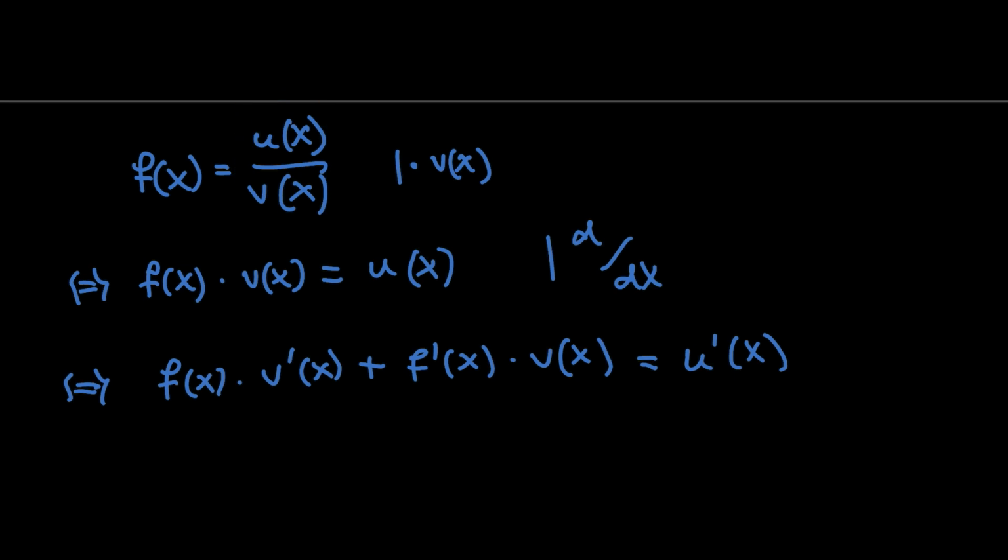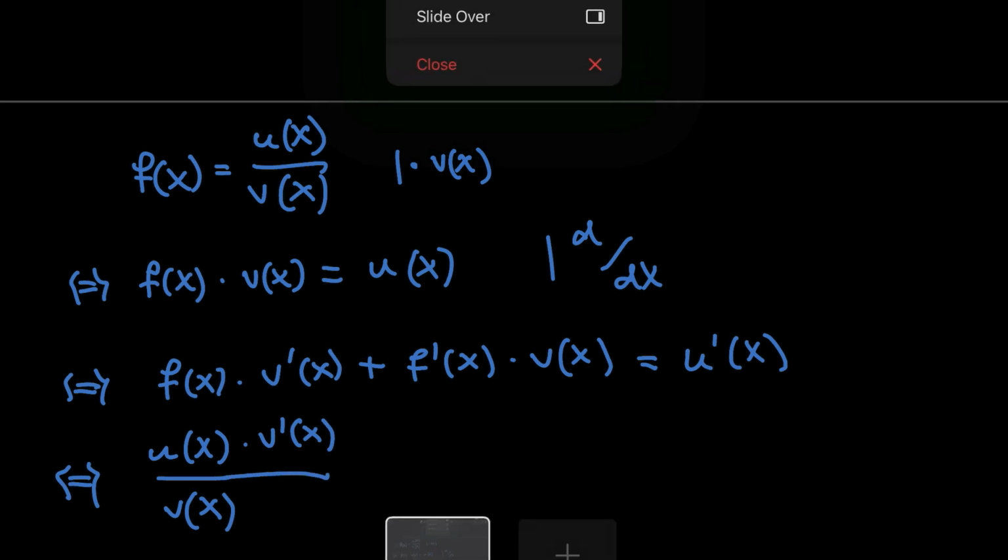Okay, so I'm just going to replace now f of x by u of x over v of x, and now we're multiplying by v dashed of x. So let me write that up here, v dashed of x, and I'll extend this.